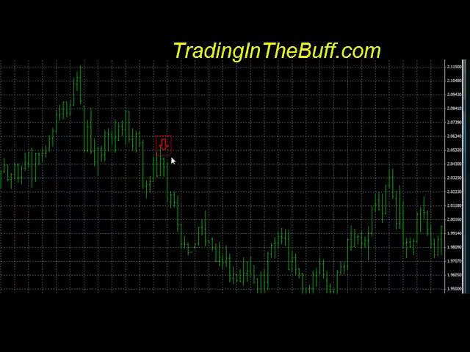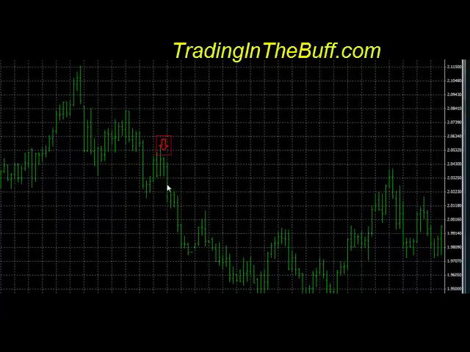For this sell pattern, we have a higher high for bar number 1 and a lower high for bar number 2. Bar number 2 also goes a lot lower than bar number 1, as you can see. It never went any higher than bar number 1, went a lot lower than bar number 1, and it also closed way below bar number 1.